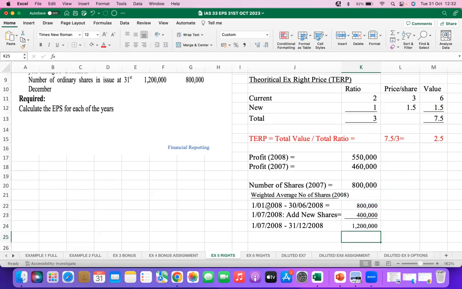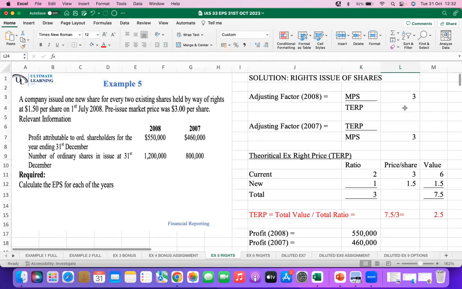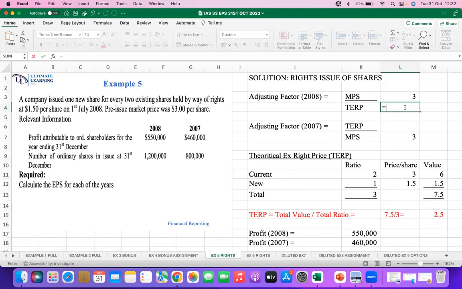Now, between 1st January 2008 and 30th June 2008, we had a total of 6 months, 6/12. And there was also an adjusting factor. In 2008, what was the adjusting factor?